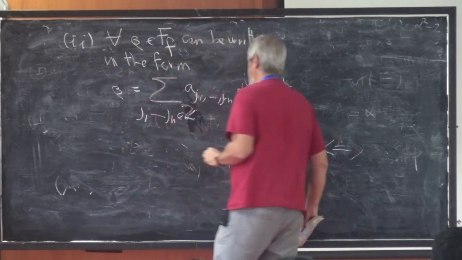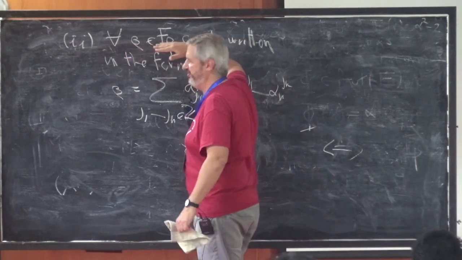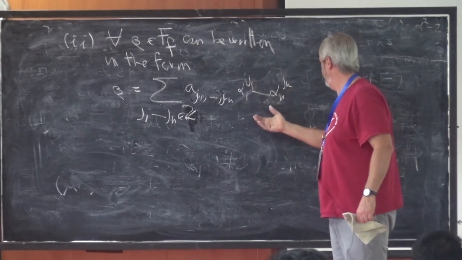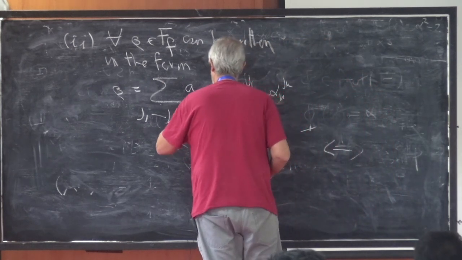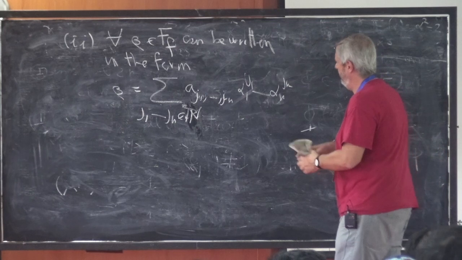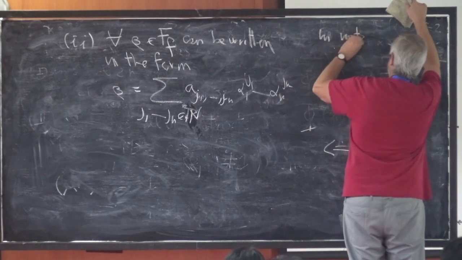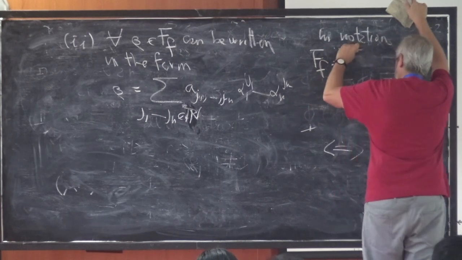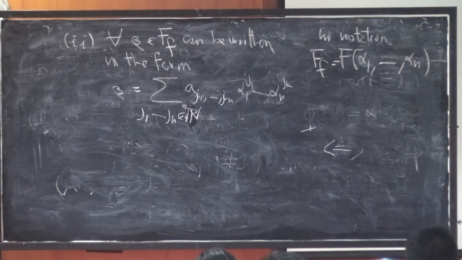What do I mean by this? I mean that every other element of this extension is a polynomial expression, possibly with negative exponents, but actually it's enough to put natural numbers here. In other notation, the splitting field can be generated algebraically by alpha 1, ..., alpha n. This is a different way to say the same thing.